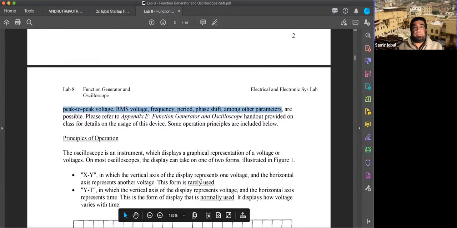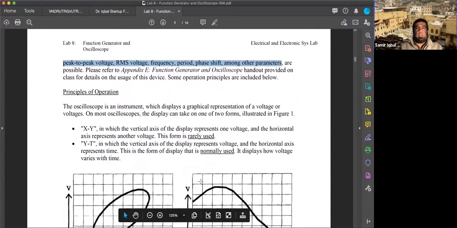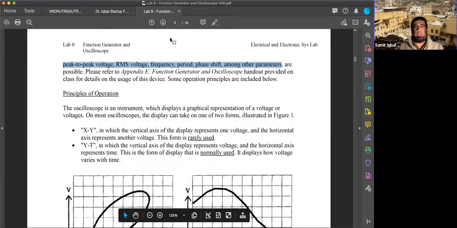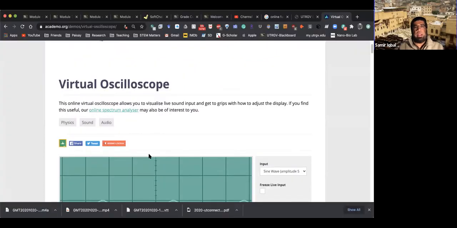All right. So in an oscilloscope, let me show you a nice example online, which we will be playing with today. So you can do it right now. I'm sharing the website in the chat. It's academo.org/demo/virtual-oscilloscope.